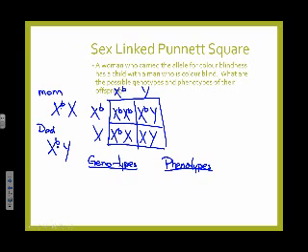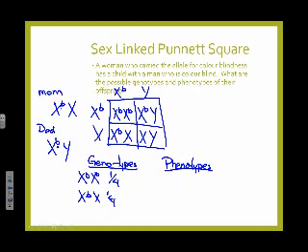Okay, so what are my genotypes? XB, XB. Okay, and what's my ratio for that? 1 out of 4, yeah. Okay. It's another one. And that's a 1 out of 4.